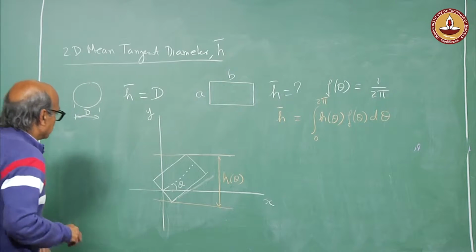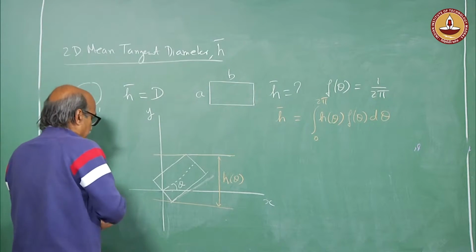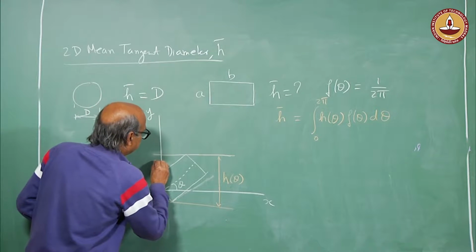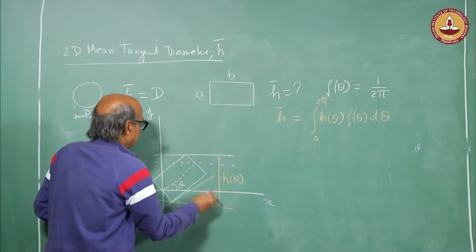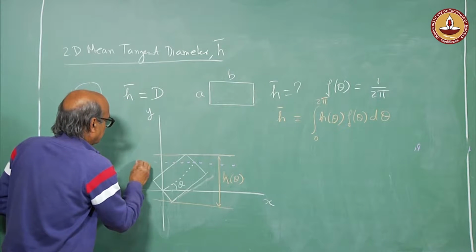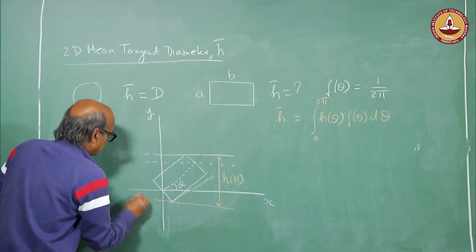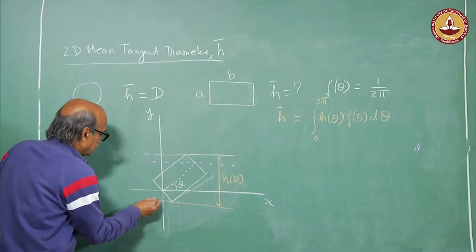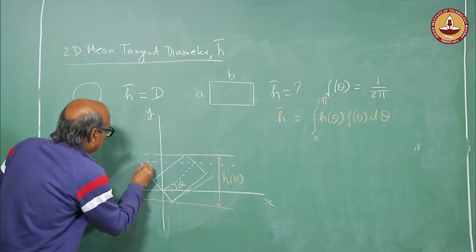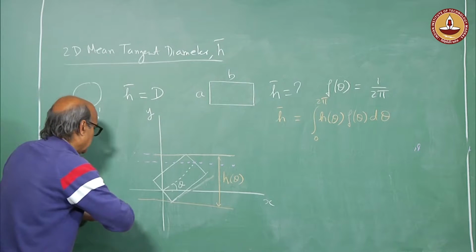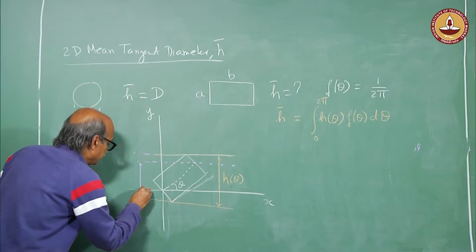So, let us try this. Let me draw some more lines here. Let us get different distances to get at h theta. First of all, let us take this distance.